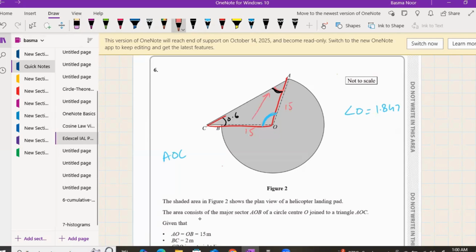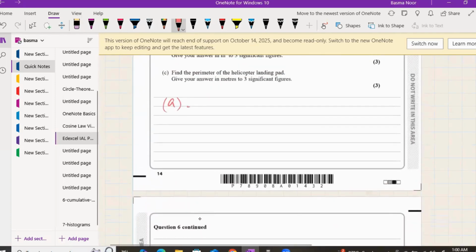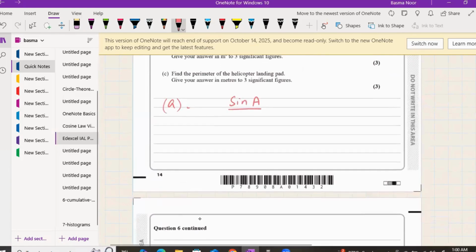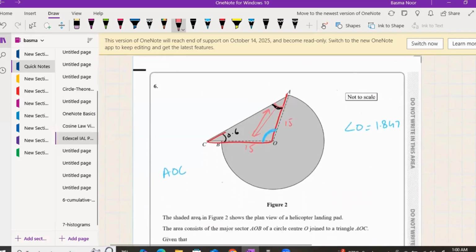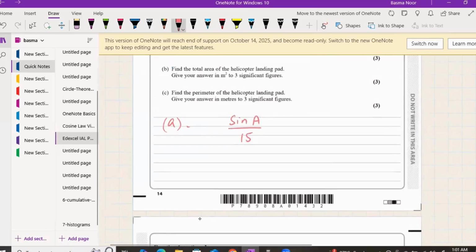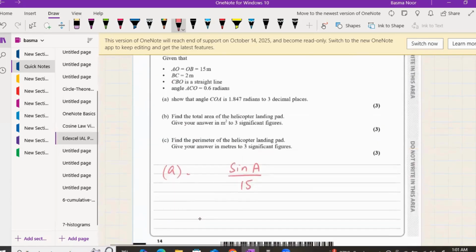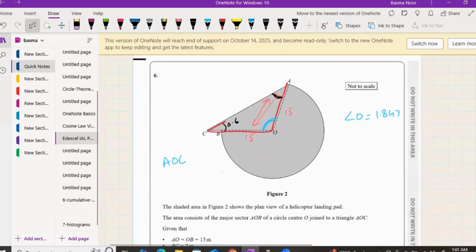So I'm going to apply the sine rule, which says that for part A you apply sine of A over the opposite length. The opposite length is 15. So the proportion of the sine of the angle to the length is equal to the proportion of the other angle's sine and its length.